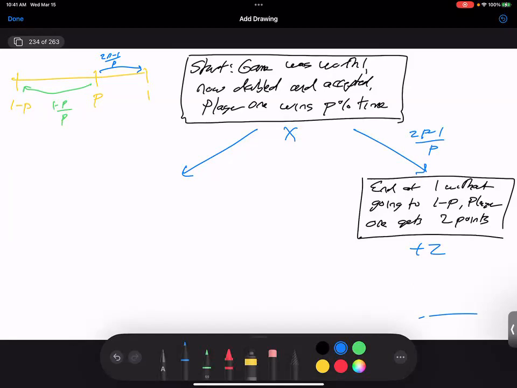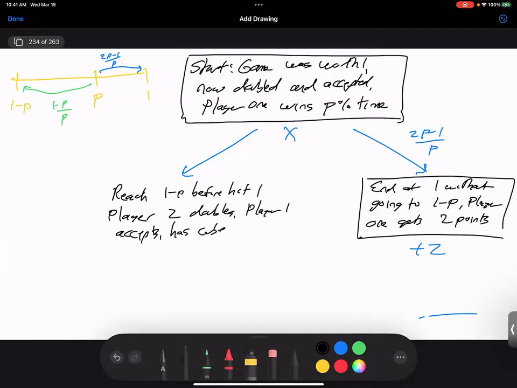Okay. Now, what happens if we end at, so now we reach 1 minus P before we hit 1. Player 2 doubles. Player 1 accepts, has cube. Game is worth 4.